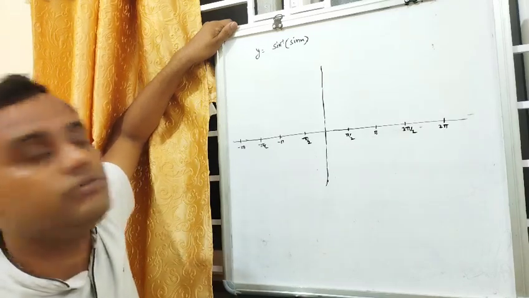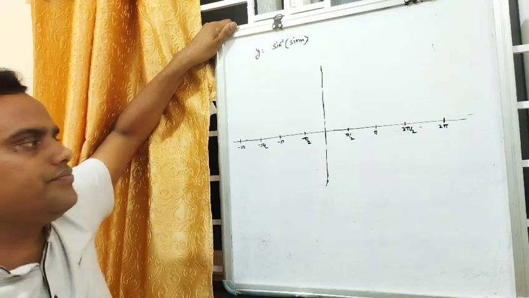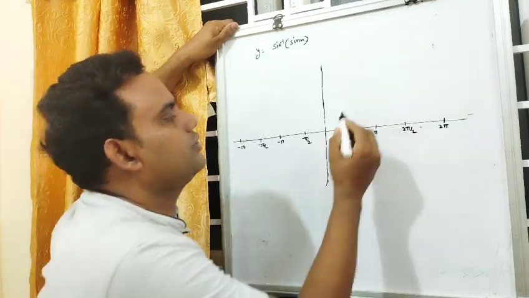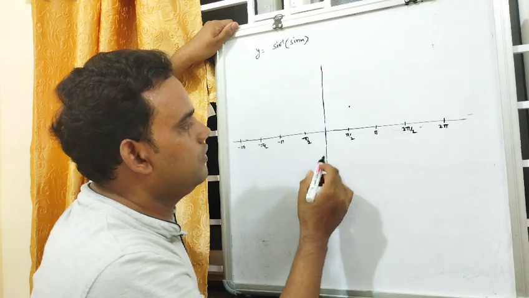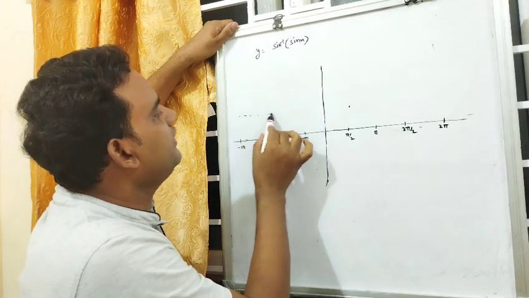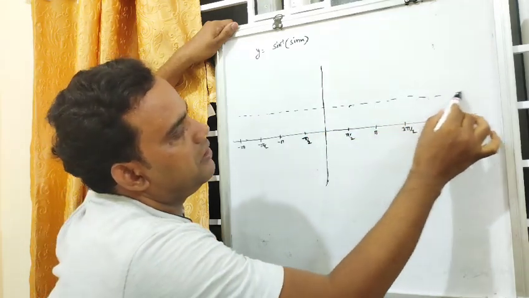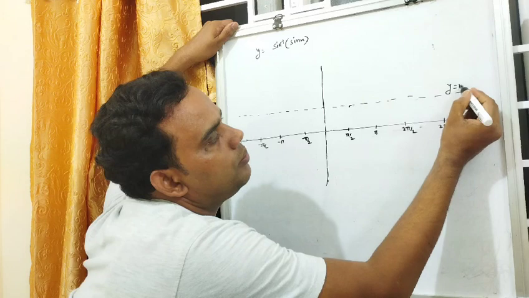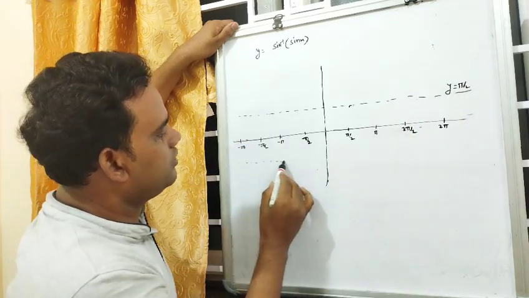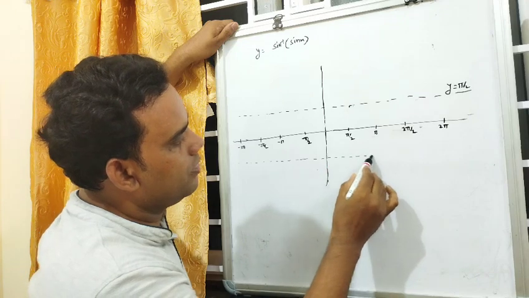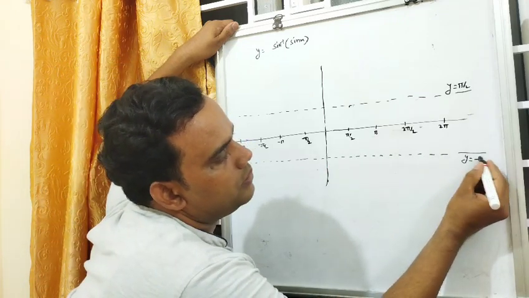Now we draw the graph of y equals sine inverse of sine x. So we draw first here a line y equals pi by 2. Similarly down we can write a line y equals minus pi by 2.